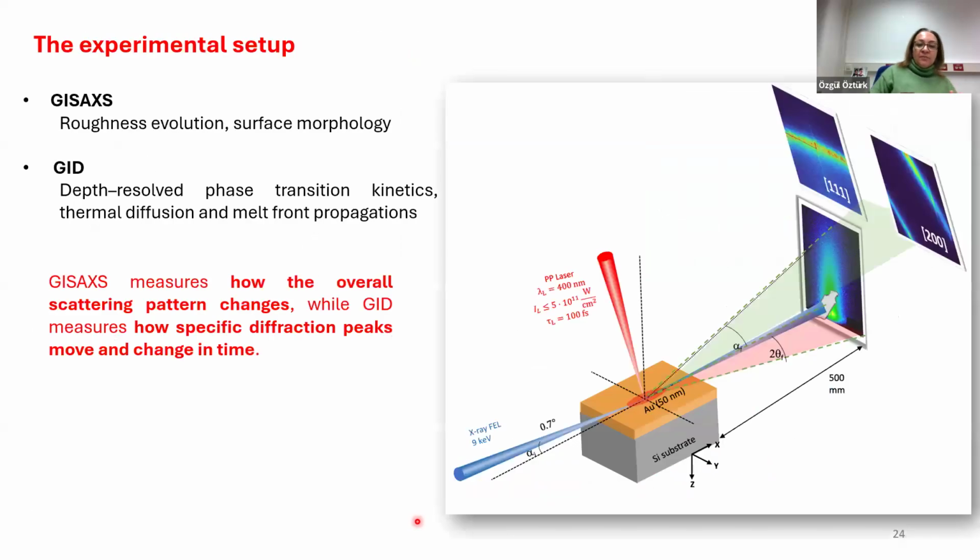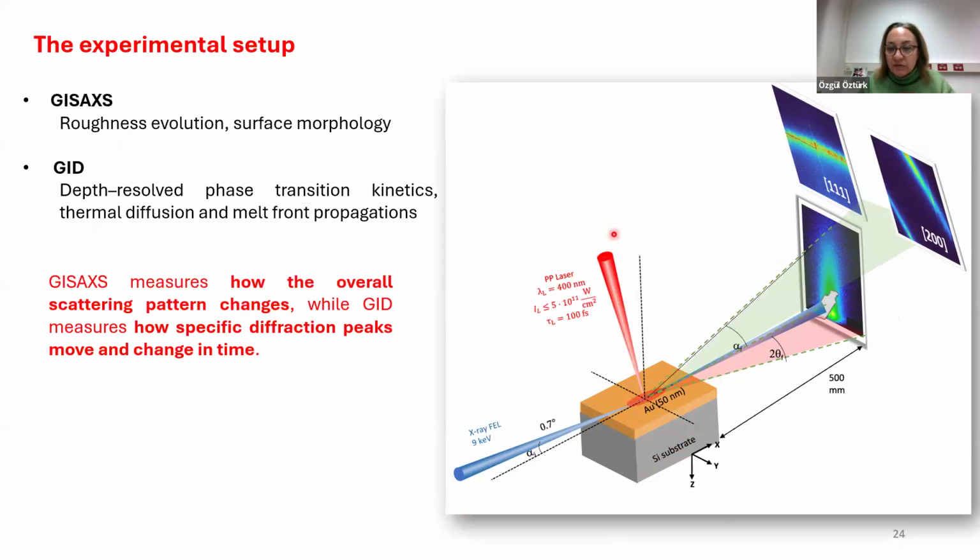So now, at the end, this is our experimental setup. We have a silicon substrate, and on top of the silicon substrate, we have a gold film, which is 50 nanometers or 100 nanometers. Then we excite the sample with an optical laser, an infrared laser.